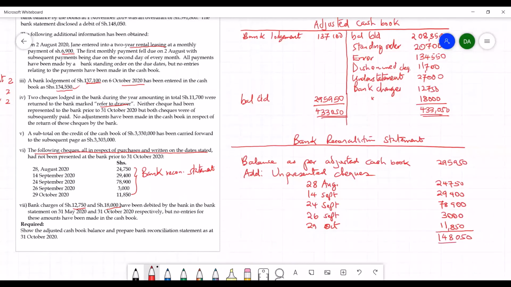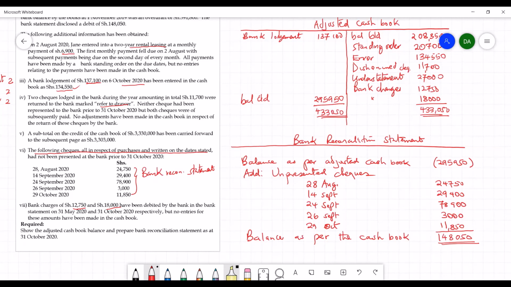This 148,050 should be equal to the balance as per the cash book. This balance is negative because there is a credit balance in the cash book, meaning the credit side is greater than the debit side.